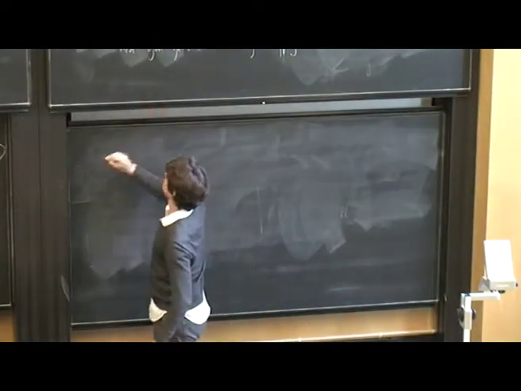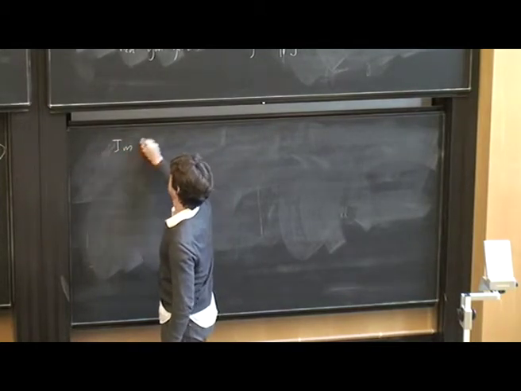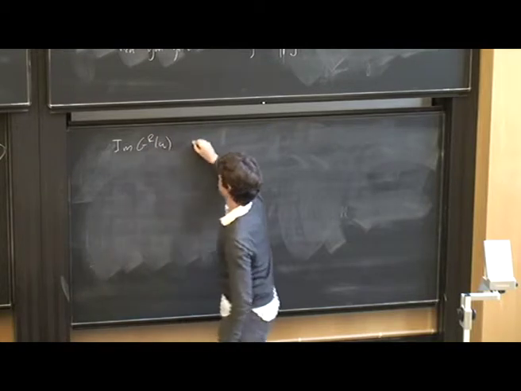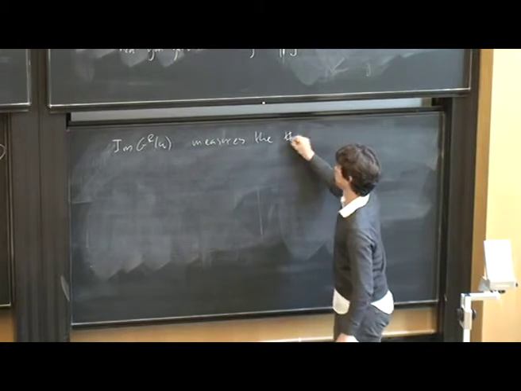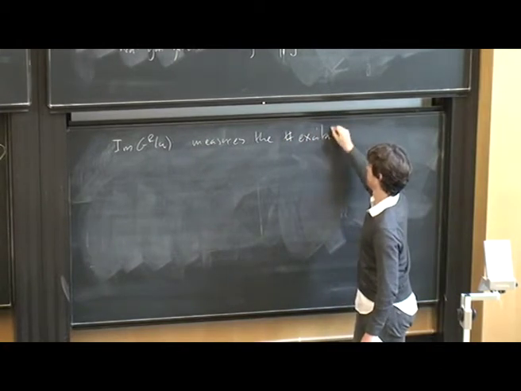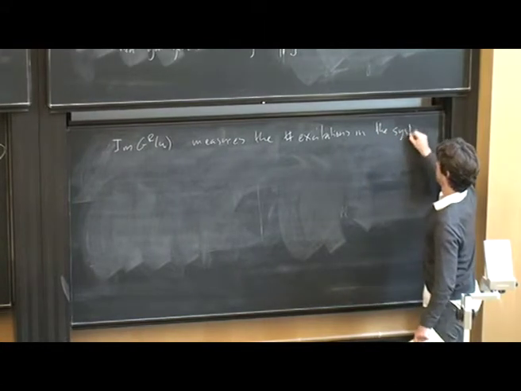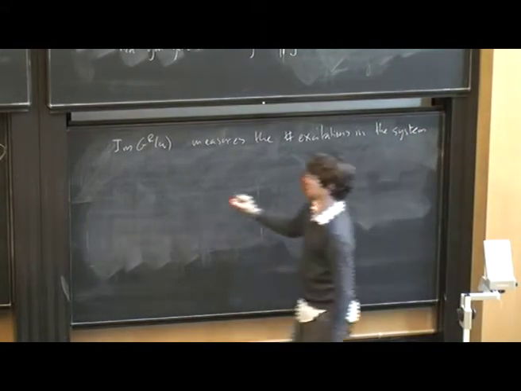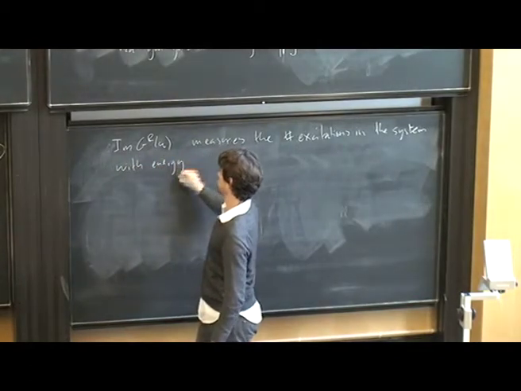Another way of saying this is that this quantity measures the number of excitations in the system with energy E, or energy omega.